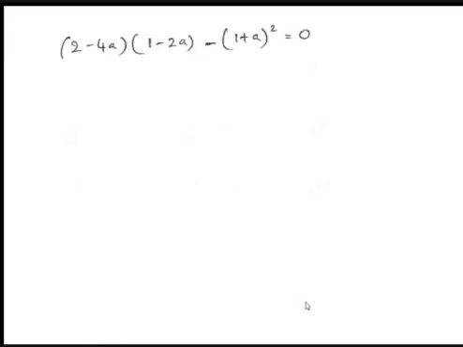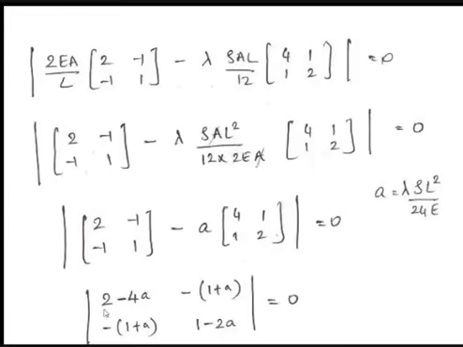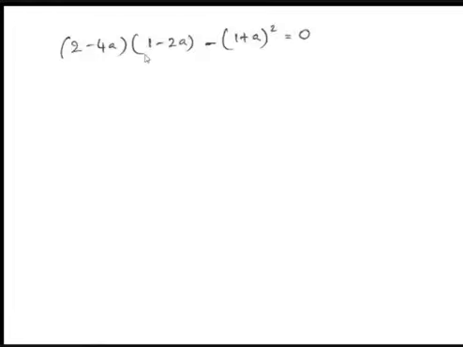Now I'm supposed to find out the determinant of this. So 2 minus 4a into 1 minus 2a minus of 1 plus a the whole square. So as I told you, 2 minus 4a into 1 minus 2a minus 1 plus a the whole square is equal to 0. Now multiply this. 2 into 1, that is 2, minus 2 into 2, 4a.